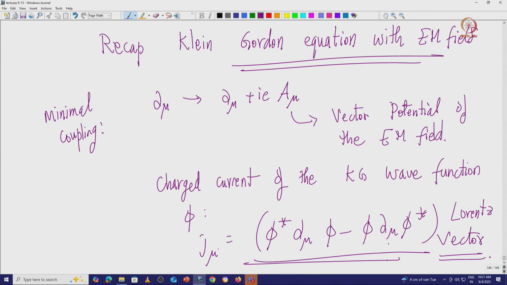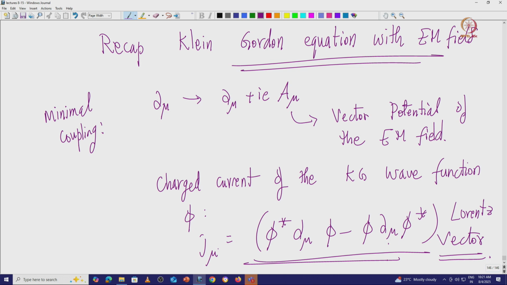The J mu, the current which we introduced, which couples to the vector potential in the Klein-Gordon wave equation, is a vector current, a Lorentz vector current. When I say vector, it means it transforms like a vector under Lorentz symmetry.